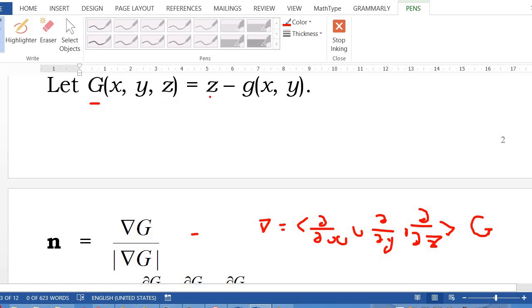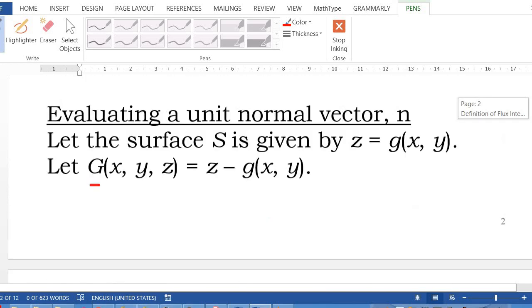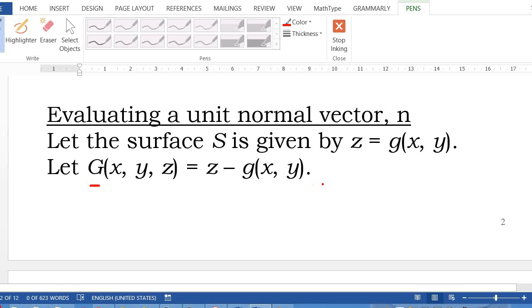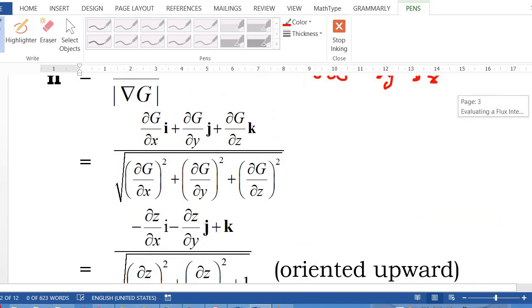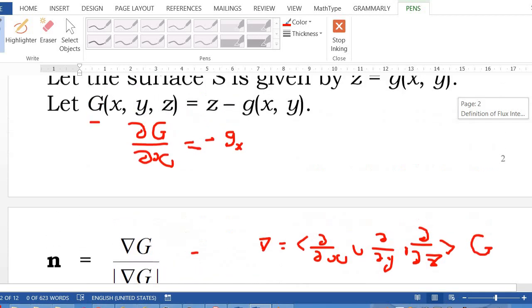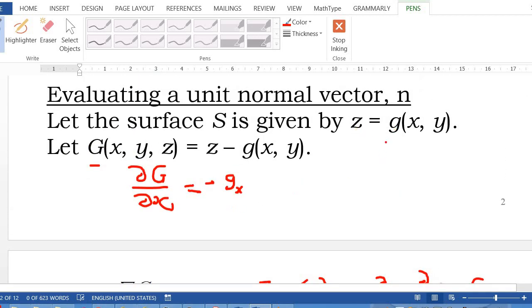Since g equals z minus g(x,y), ∂g/∂x is negative g_x, and because lowercase g equals z, it is also equal to negative z_x.